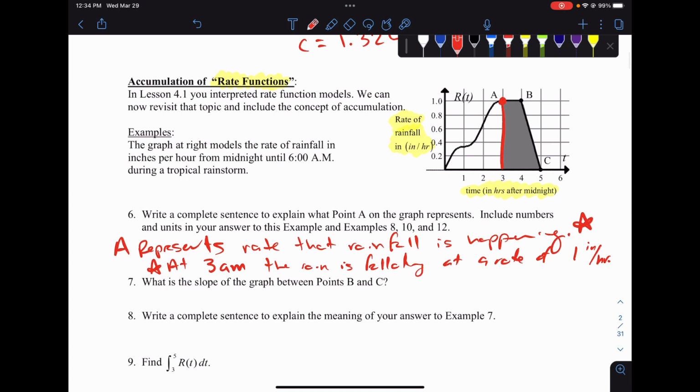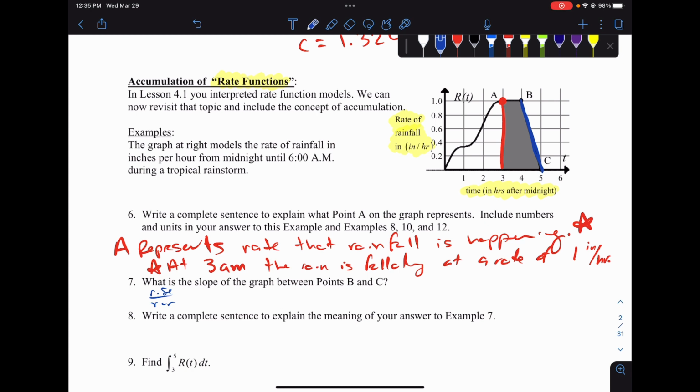Number 7, what is the slope of the graph between B and C? So number 7 wants to know the slope of my graph. So not the value, it wants to know the actual slope from B to C. Remember slope, rise over run. Again, I'm not going to assume that this is just common sense.